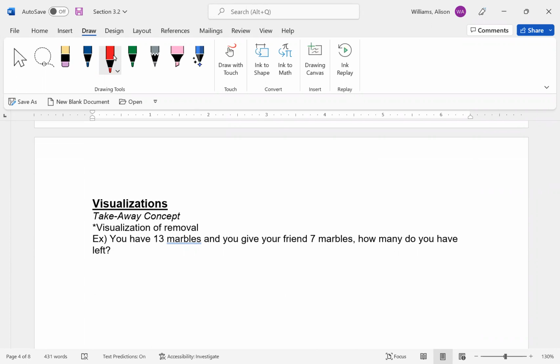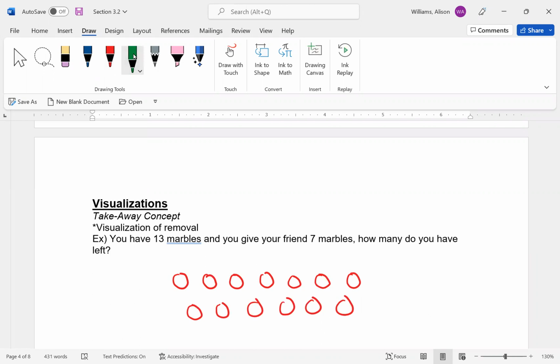The first is the takeaway concept. You have 13 marbles, and you give your friend 7 marbles. How many do you have left? Let me draw that: 1, 2, 3, 4, 5, 6, 7, 8, 9, 10, 11, 12, 13 marbles total.